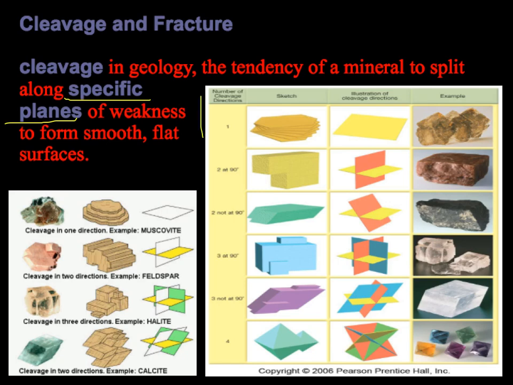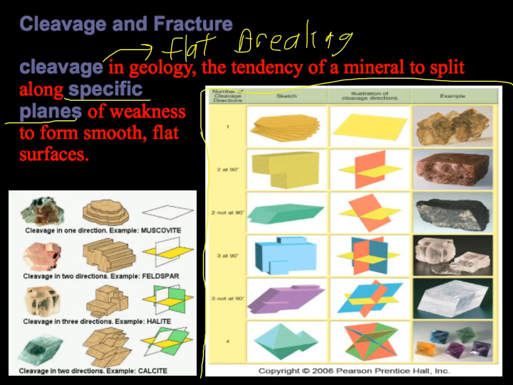All of these cool little things that you see in this table here, if they break in a regular way along a flat surface, a mineral is said to have cleavage. And if it breaks along 2 or 3 flat surfaces, it has cleavage in 2 or 3 directions.